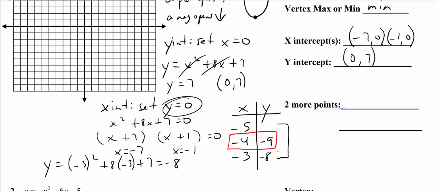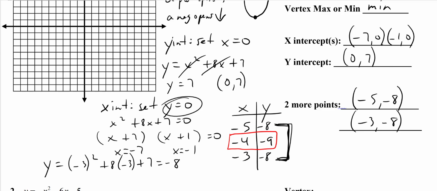Because this thing is symmetrical, that -5 is also going to be -8 automatically. These are always the same as long as it's the same distance on either side of that vertex. Then you have the same number. So it's -8, -8. So here are my 2 points: -5, -8, and -3, -8.